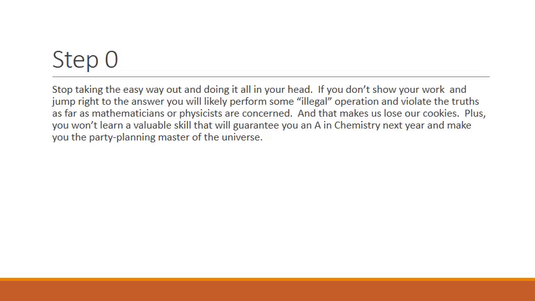Now, I'm not going to tell you if your answer is right, but I'm sure you already know, because I'm going to tell you that probably you did it in a way that violated some of those universal truths of physics.